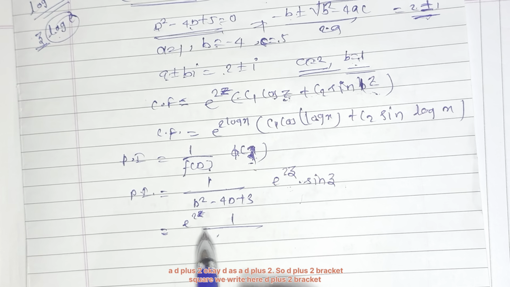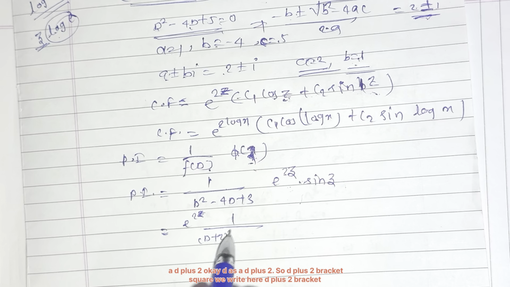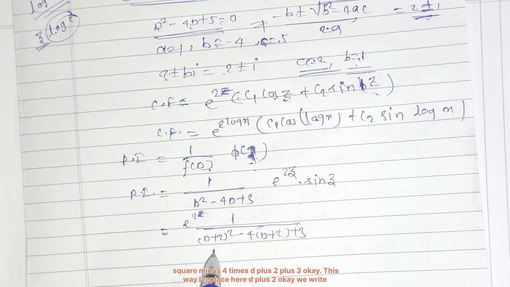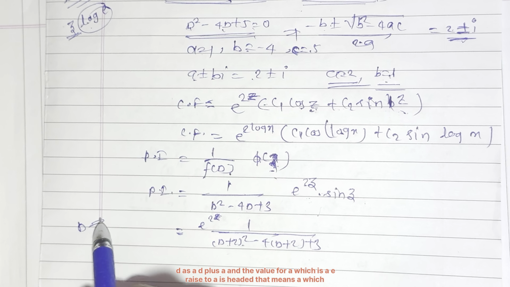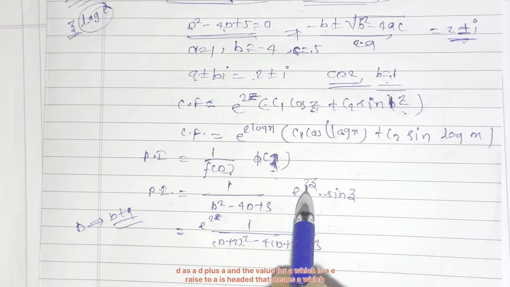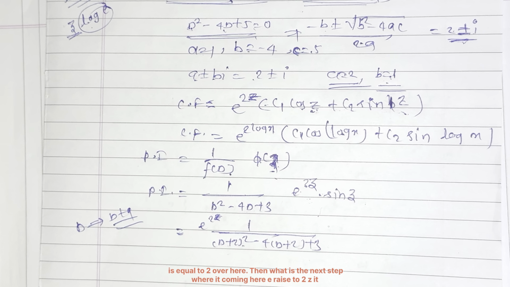So d plus 2 bracket square minus 4 times d plus 2 plus 3. This way I replace d with d plus 2: we write d as d plus a, and the value of a, from e raised to az, is 2 over here.